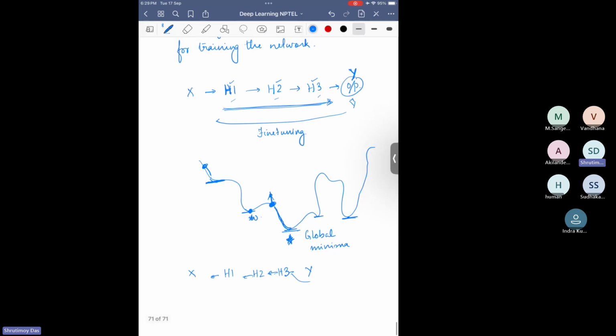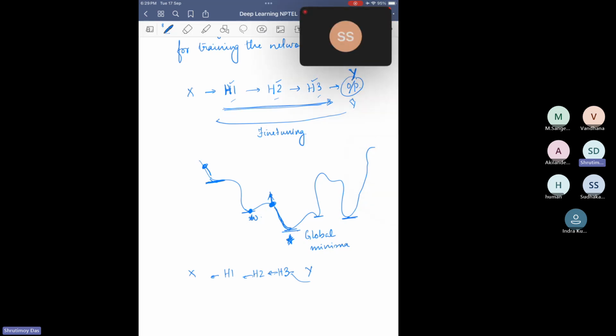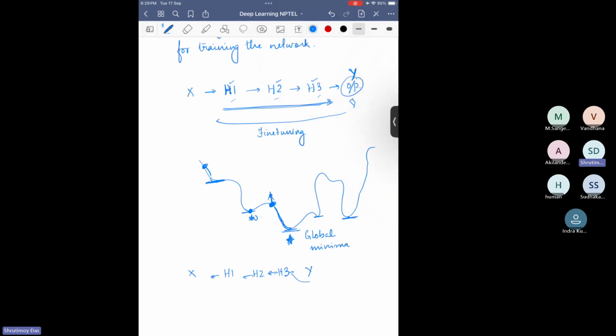Then you do not have any information about what a good H1, H2, or H3 should be. But if we do some unsupervised pre-training, we have good information of what H1, H2, H3 should be. Because of that information, you know that the weights should be somewhere around this. And now when I'm doing fine tuning, let me start from this point, and it helps us get to a good global minima.